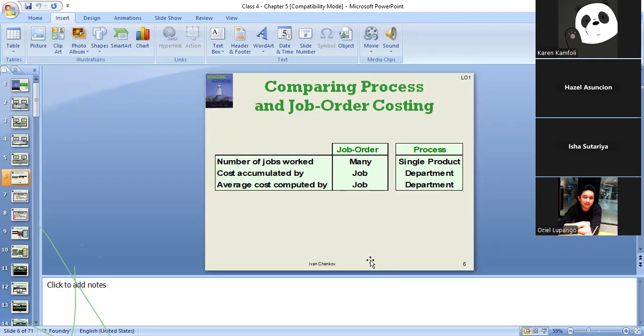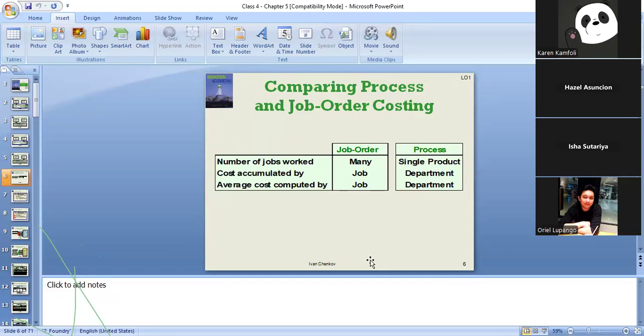On the job order, the number of jobs that we can produce are many. In process costing, we're doing only a single product. How are we accumulating the costs on the job order? We accumulate the cost per job or per purchase order. In the process, we accumulate the cost per department.